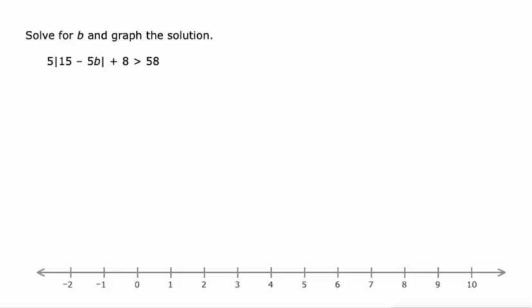All right, last one. First, we got to isolate the absolute value quantity. That's going to take us 2 steps this time. First step is to subtract 8 from both sides. Then I'm going to divide both sides by 5.